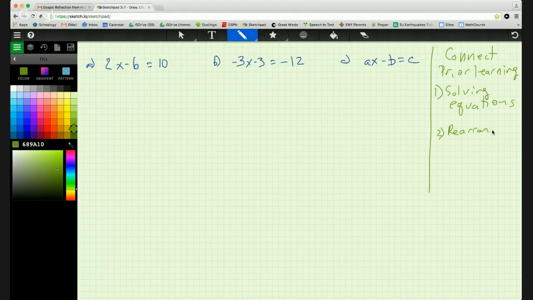And we'll see that it's the same thing. It's the same thing. And the whole idea, this is a light bulb.